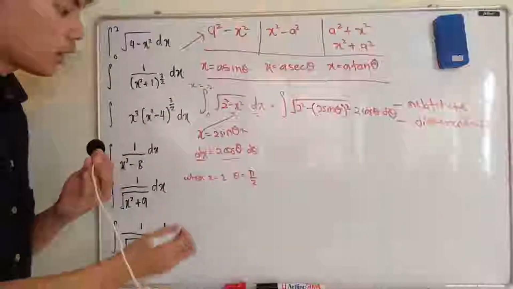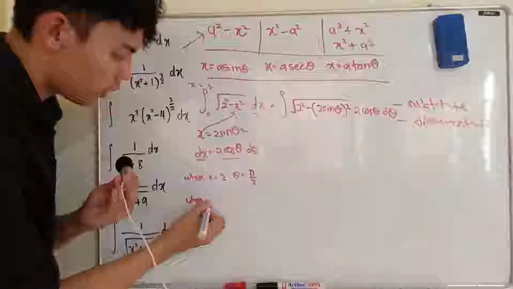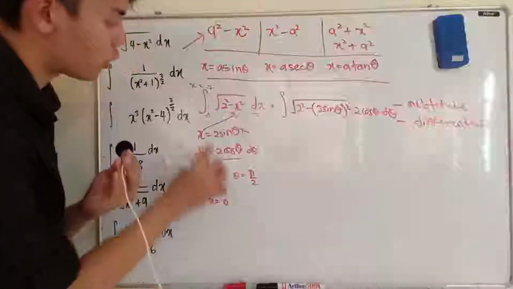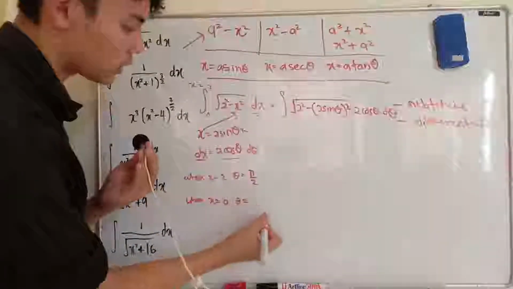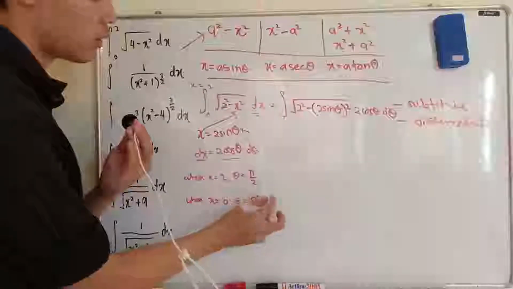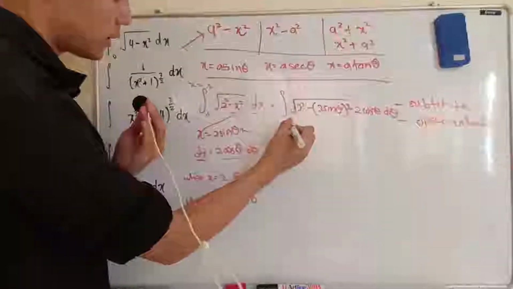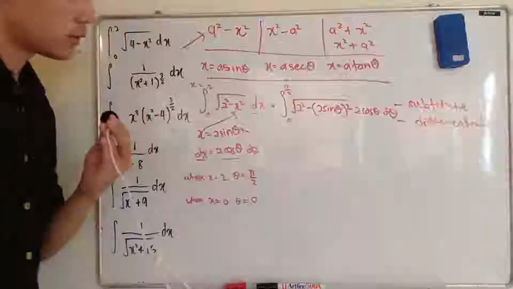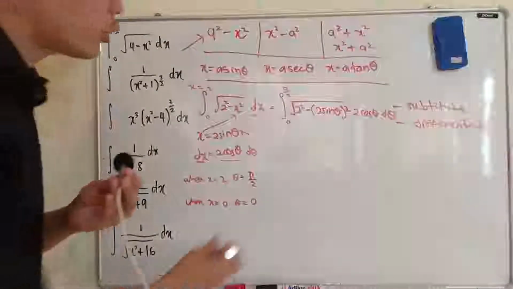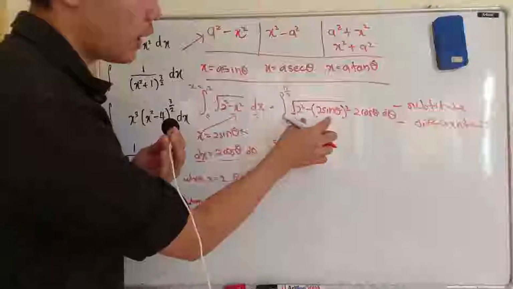When your s equals 0, 0 over 2 is 0, arc sine of 0 gives 0 as well. So the bounds are 0 to pi over 2. After that, we just solve it.